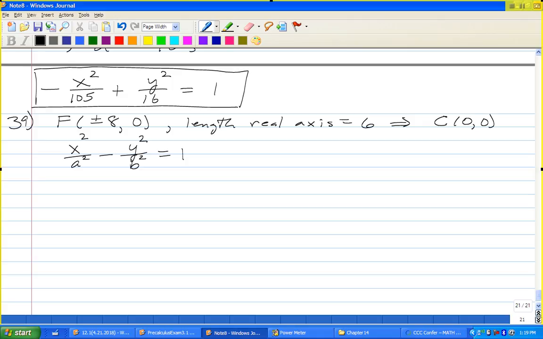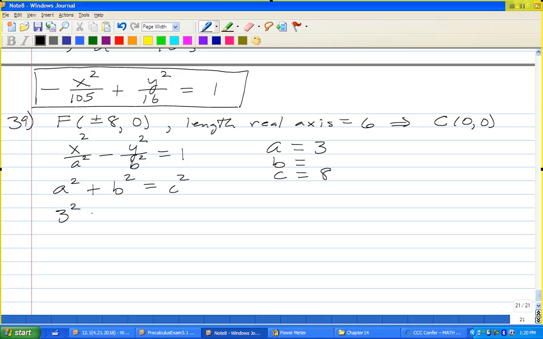So I'm given here a, b, c. I know c is 8. The real axis, because this is plus, is along the x-axis. The length of the real axis is 6, so 2 times a is 6. Therefore, a must equal 3. I know that a squared plus b squared is equal to c squared.